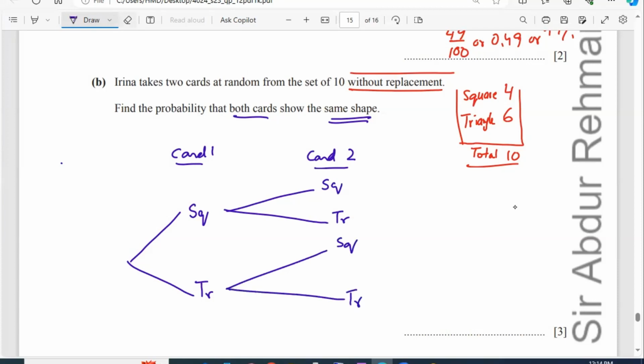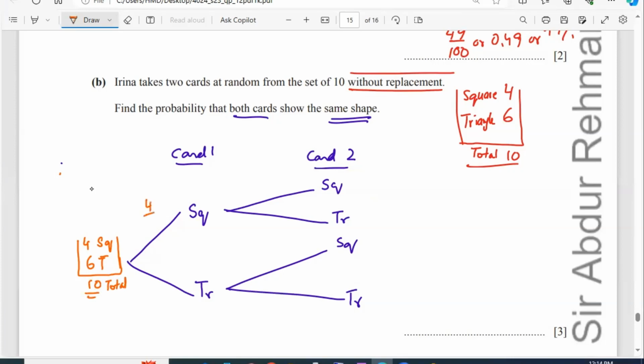Now, writing probability in this diagram. Suppose we take the bag which has 4 squares and 6 triangles. If we get a square, the probability will be 4 over 10, 10 is the total.